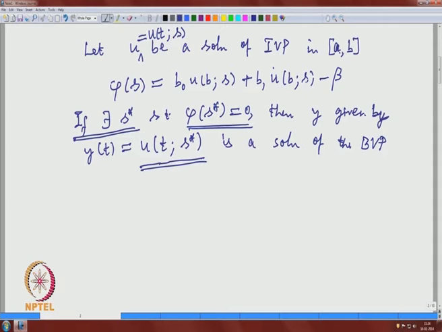Okay. Last time I stated a uniqueness result, so let me just recall again. Theorem 1.